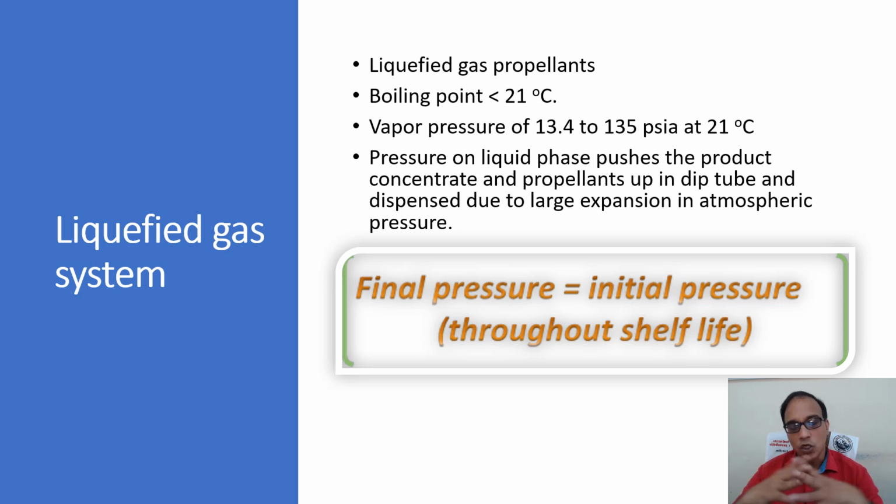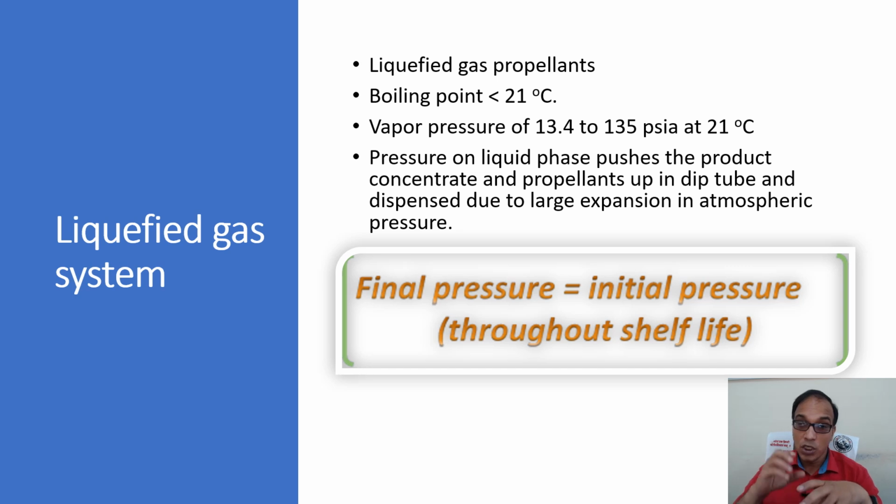Now let us take the liquefied gas system. We have discussed the liquefied gas propellants in the opening discussion of the propellants. Liquefied gas propellants are used here. Their boiling point is less than 21 degrees Celsius. Vapor pressure is 13.4 to 135 psia at 21 degrees Celsius.